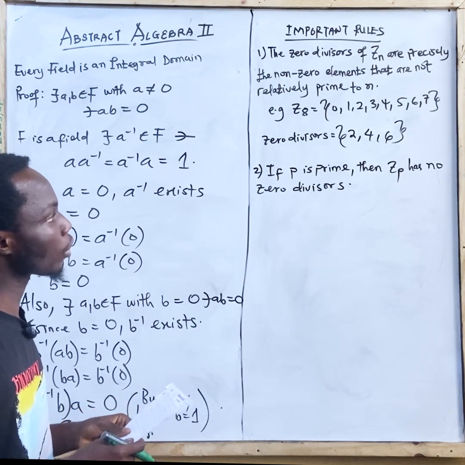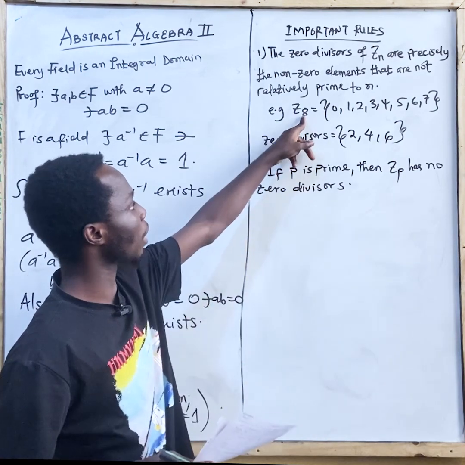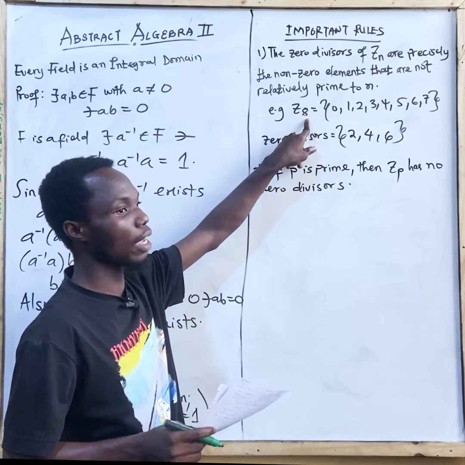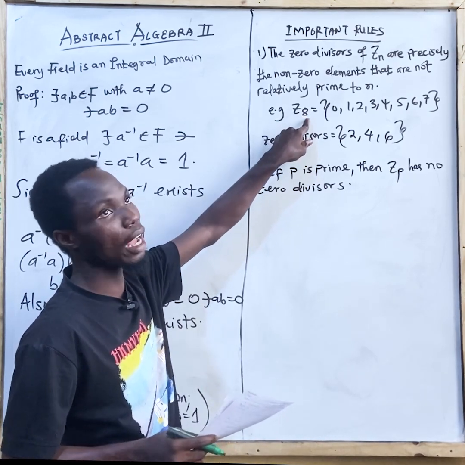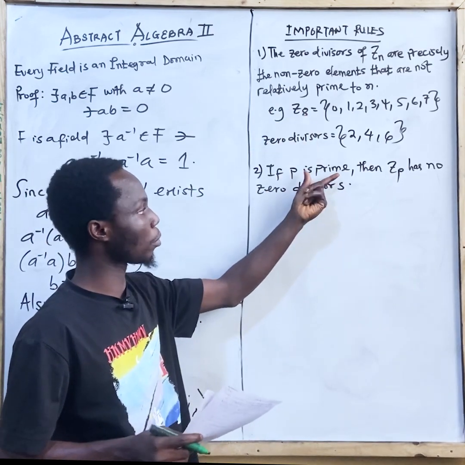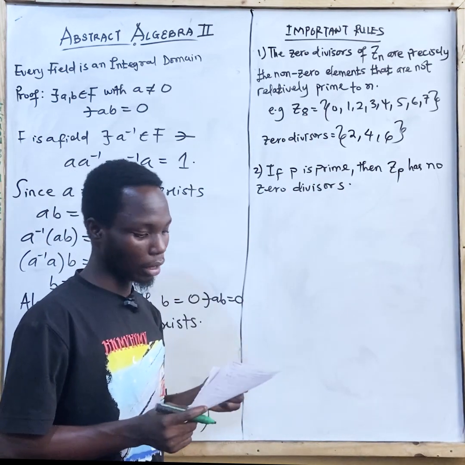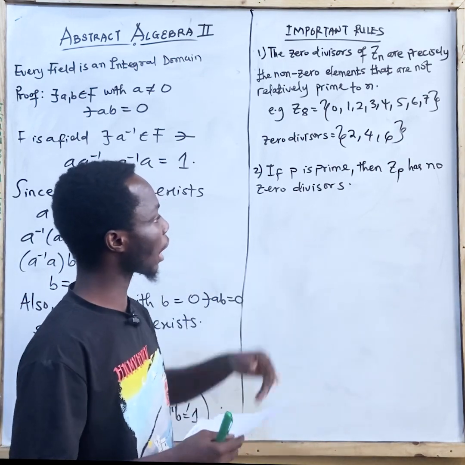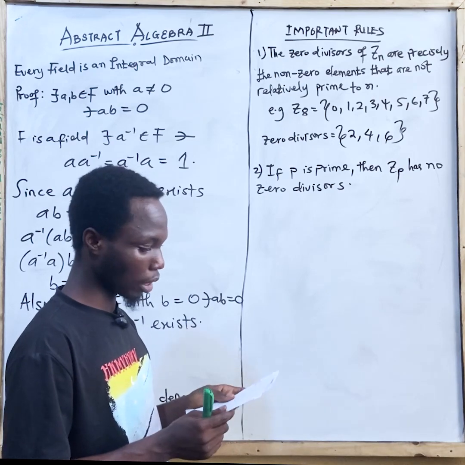Basically what they are telling you is that if your P is prime, for example if you have Z3, Z5, Z7, you know what prime numbers are. Prime numbers are numbers that have only 2 factors, 1 and itself. So if P is prime, then it has no zero divisor. So take note of that.